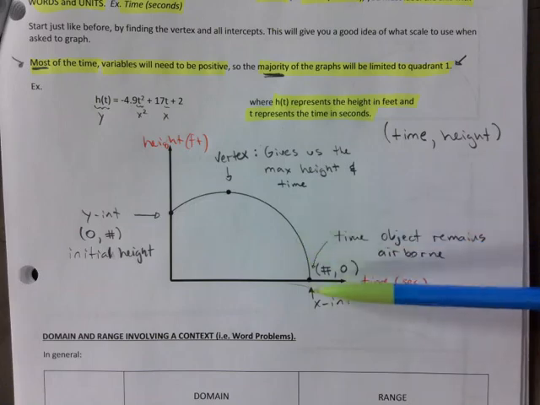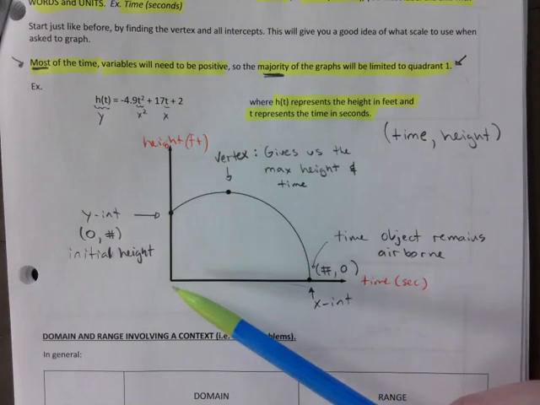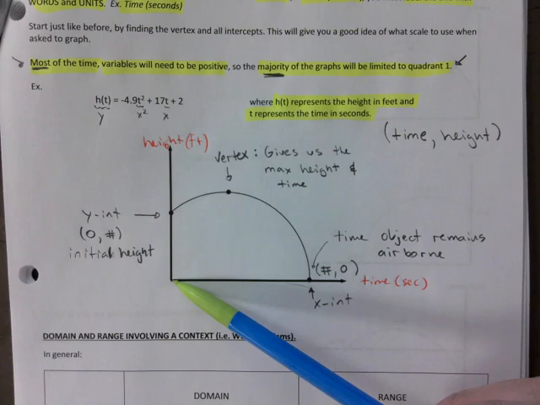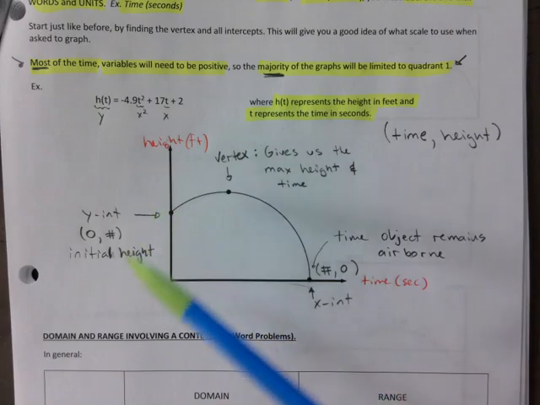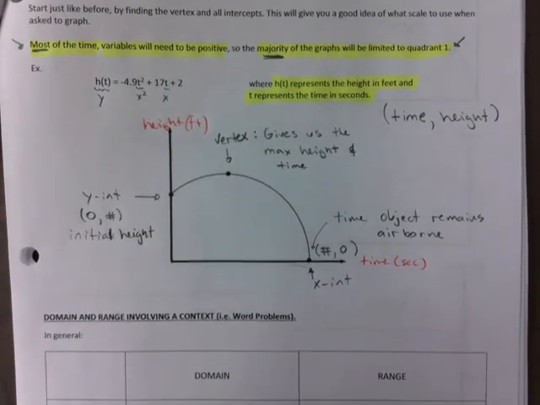So don't think it always hits the ground. Is it possible that the ball could start right here? Let's say it's soccer or football. You would kick it right from the ground up like this. So don't think that this is the only scenario, okay? It can vary. Let's talk about domain and range here.